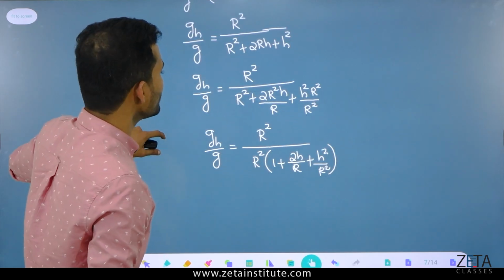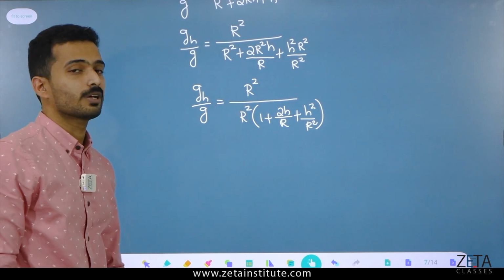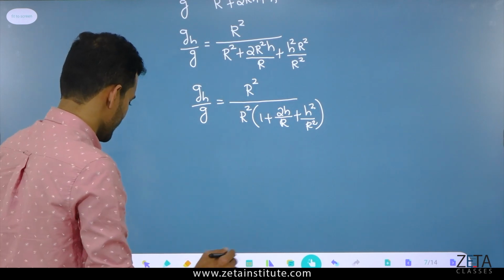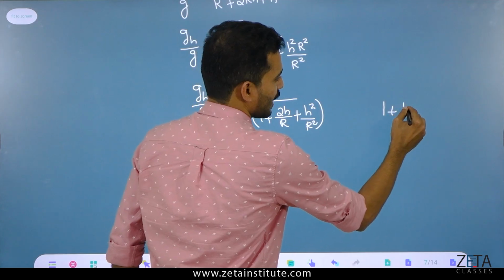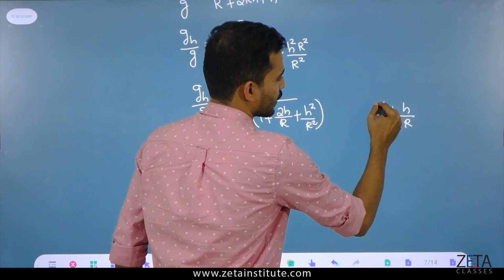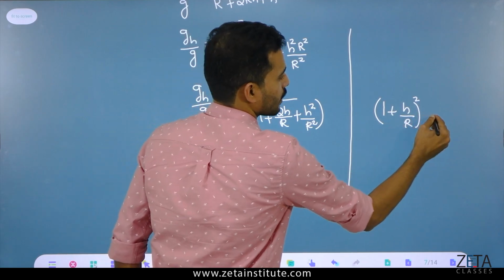Okay. Then what is this 1 plus 2h by r plus h square by r square? So just listen. What is 1 plus h by r whole square?